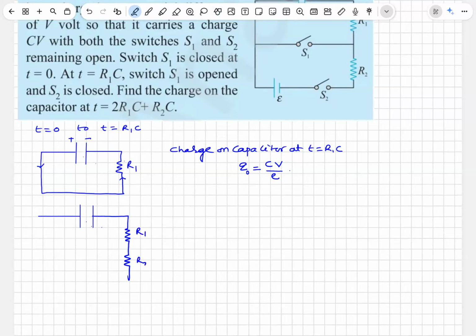R1, R2, undoubtedly the drop across this is less than V. So, first thing that you should judge is, will the capacitor now further discharge, or will the capacitor now be charged?